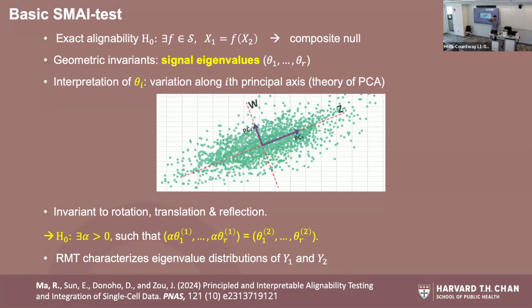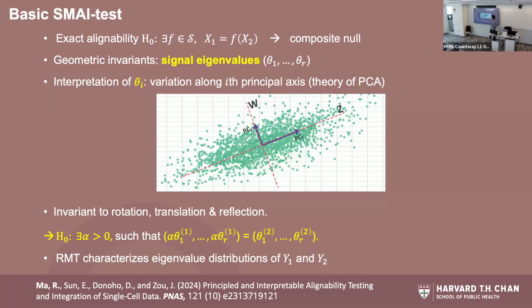The problem itself is very difficult to solve, but once we recognize some geometric feature, we can much simplify this problem. One thing that draws our attention is that there are some geometric quantities about these signal matrices that are invariant for any transformations within the similarity class.